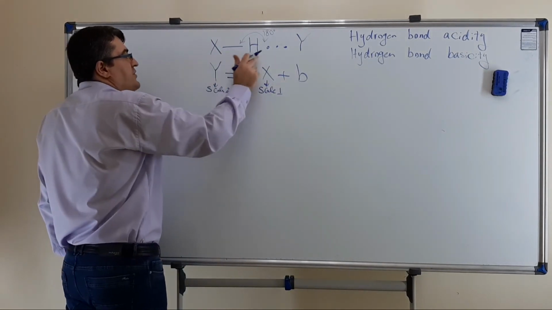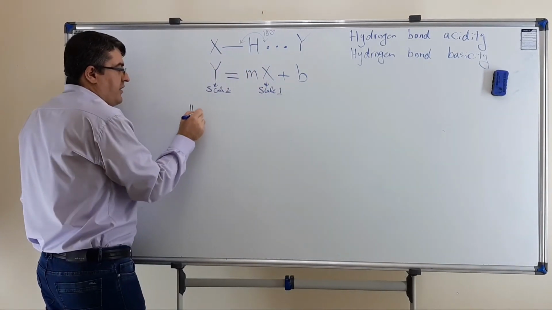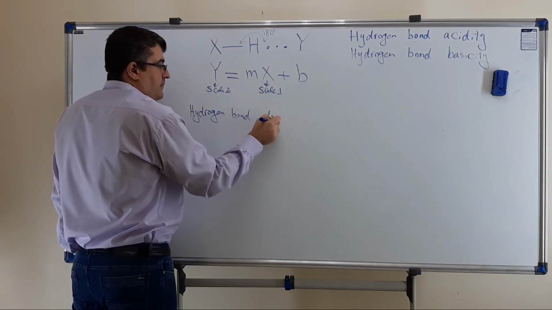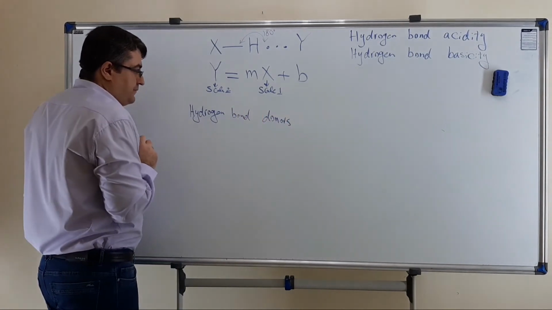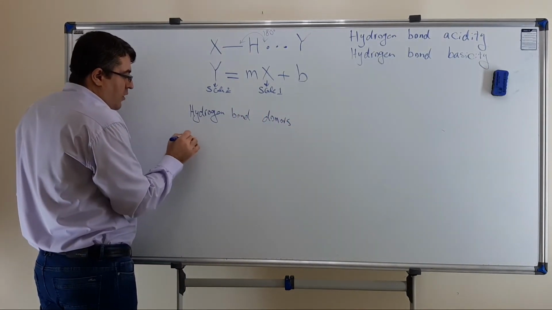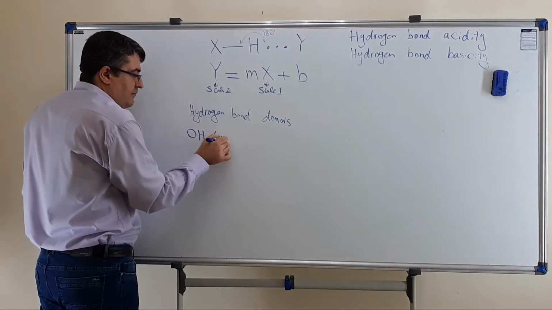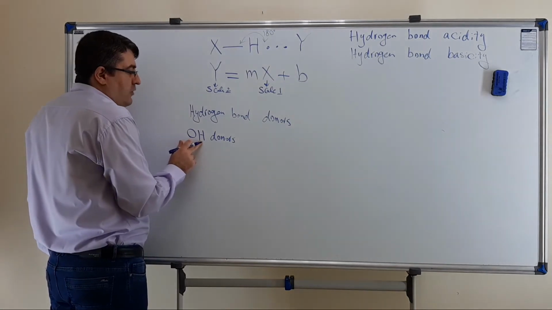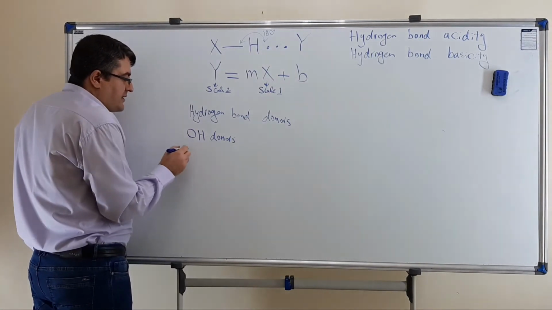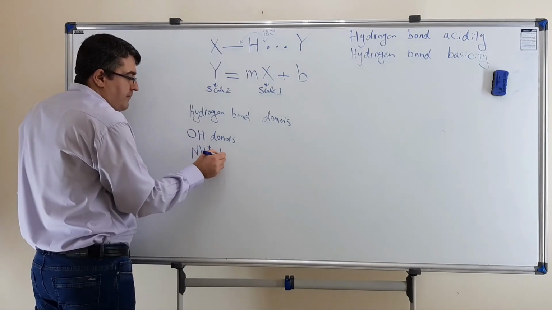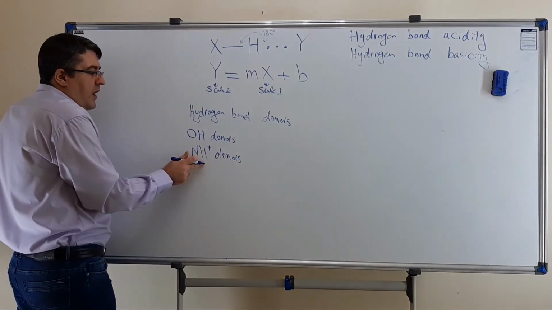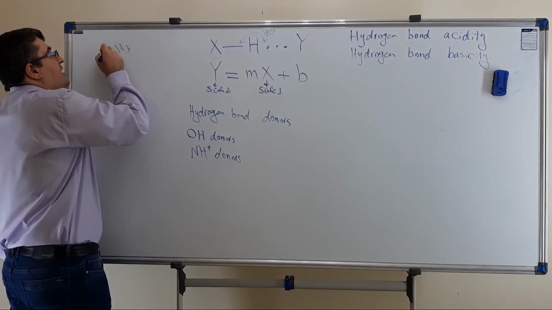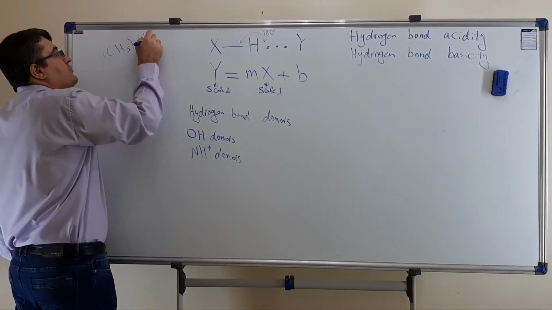In the case of hydrogen bond donors, we might have different hydrogen bond donors. Consider OH donors like water, alcohols, phenols. Consider NH+ donors like trimethylammonium, CH3 taken 3 times, NH+.